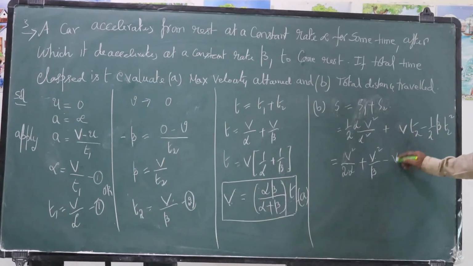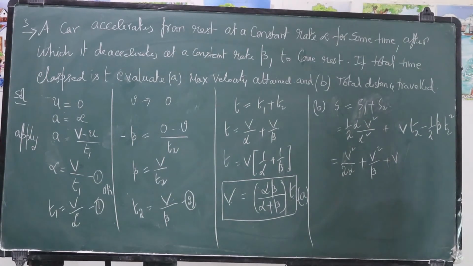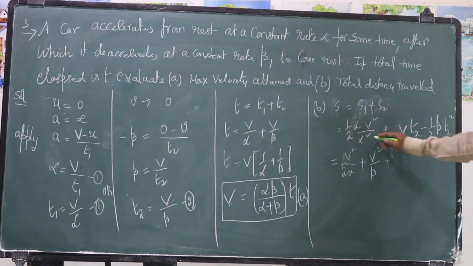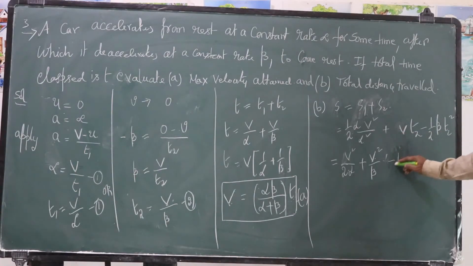Here minus the first term, the second term is over, the third term is minus half beta t2 square. What is t2?